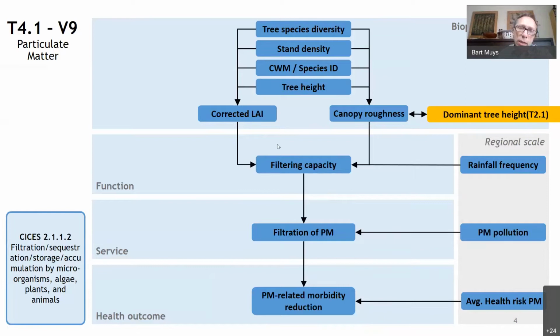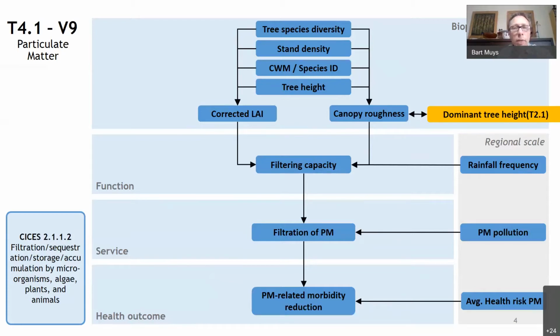And they will determine the effectiveness of the filter of trees, and will lead to a certain level of filtering which will have a health outcome. So that relates to the CICES classification of ecosystem services, to ecosystem service 2.1.1.2, which is about filtration, sequestration, storage, and so on.